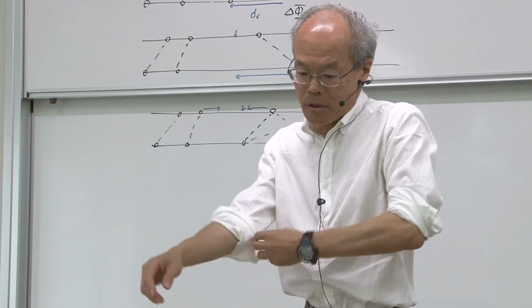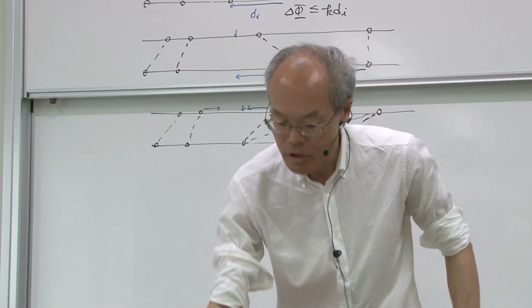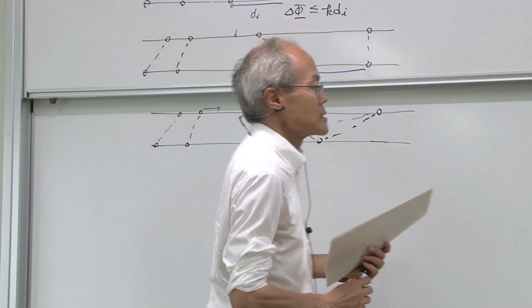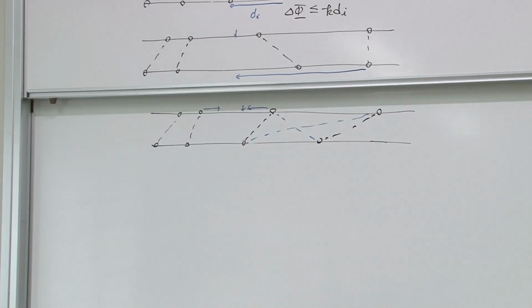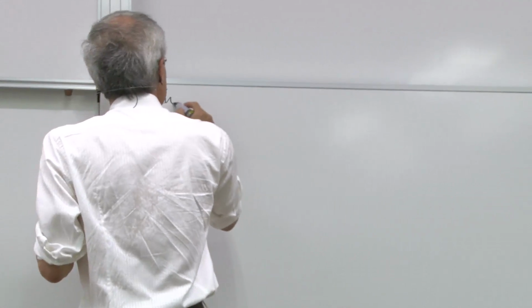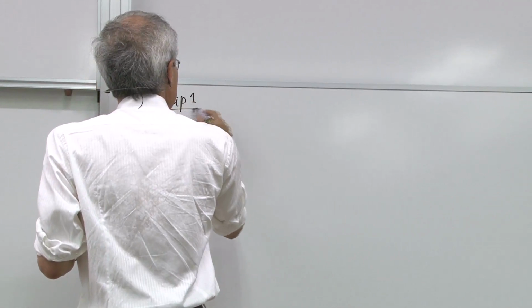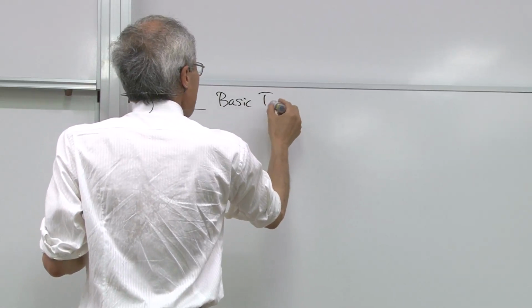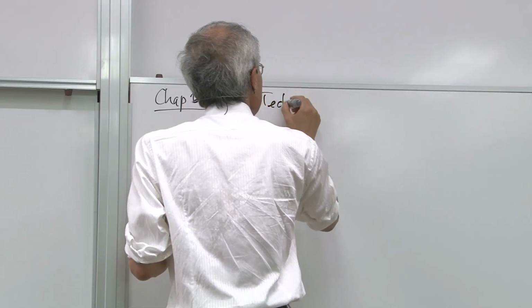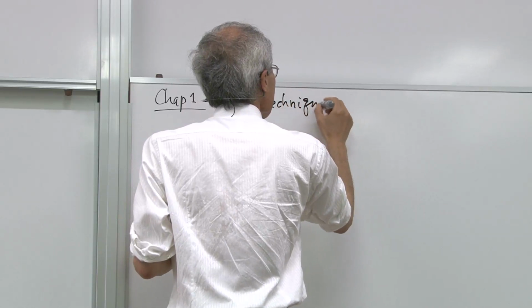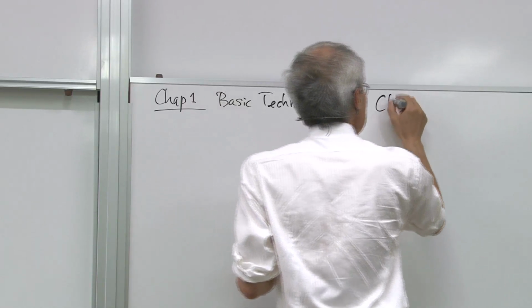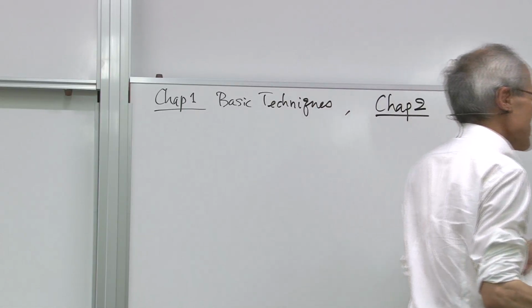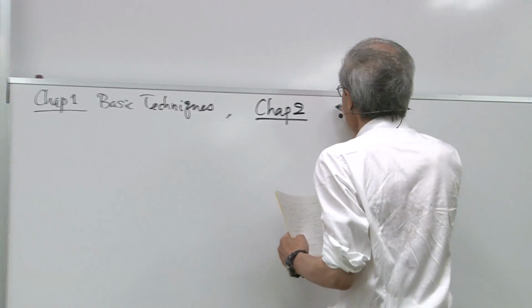And I'd like to go to a new chapter. So now, chapter 1, the basic techniques. Chapter 2 was online algorithms.